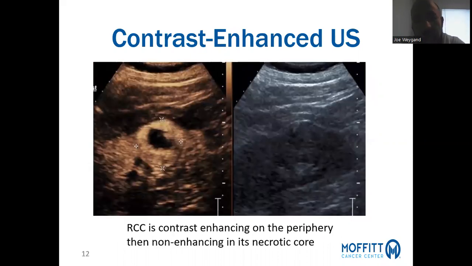On the other hand, in a patient with a renal cell carcinoma, after injecting the microbubbles, you see that you have a very strongly contrast enhancing periphery of the lesion, shown here in this left figure, and then a non-enhancing necrotic core. As you can see, this looks very different from the benign renal cyst. So it allows one to determine that, okay, maybe this is a malignant lesion.